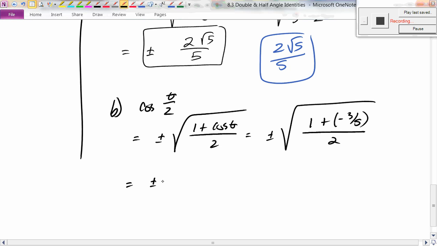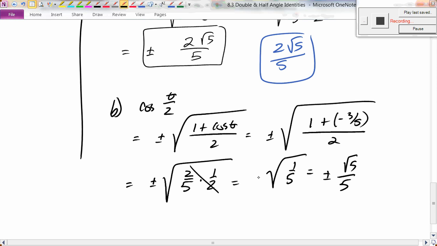Which is equal to plus or minus the square root of 5/5 minus 3/5, 2/5, times a half, which is the square root of a 5th, which is 1 over rad 5, which is rad 5 over 5.